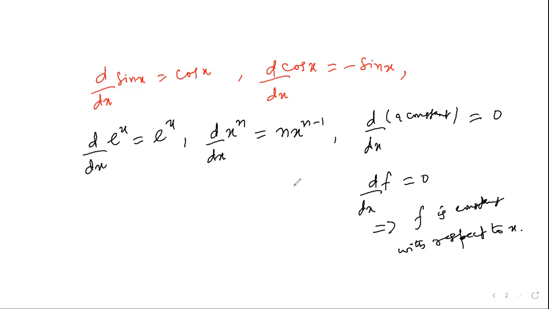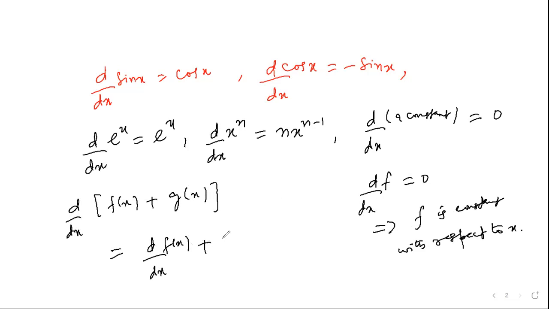And you know also, if I have, for example, derivative of sum of two functions like this, the property of derivative, I can write it d by dx of f of x plus d by dx of g of x.